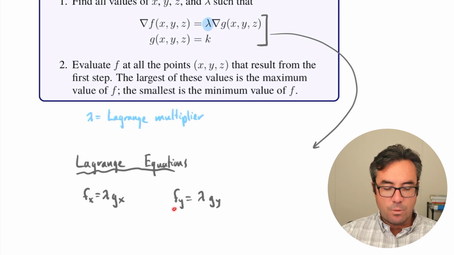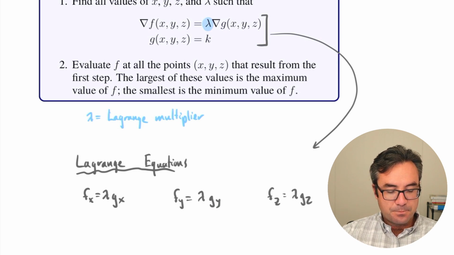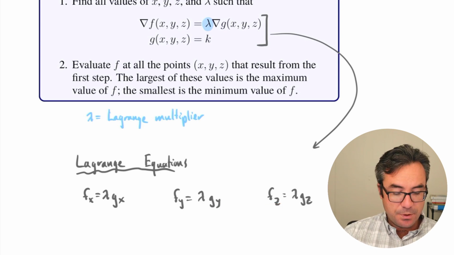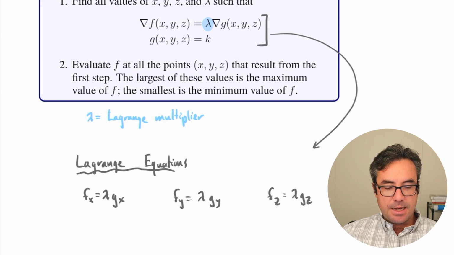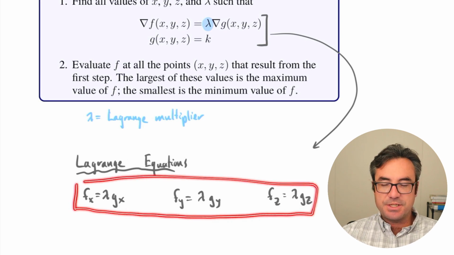So we have our y component from the gradients, and we set those equal. And then we also have our z component: f partial z is equal to, again, that same Lagrange multiplier lambda times g partial z. This is for a 3 variable setup.